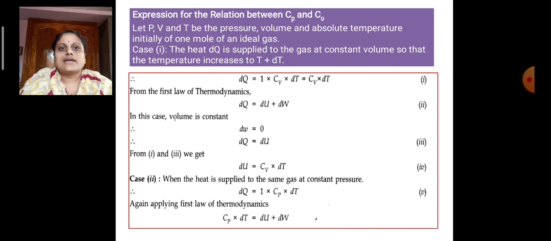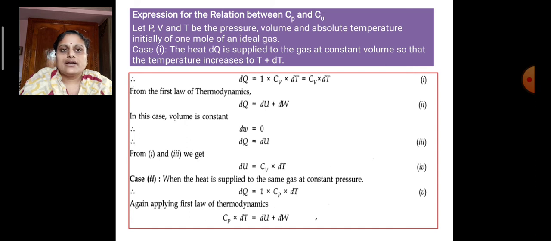Now let us derive an expression, that is a relationship between Cp and Cv, that is molar specific heat at constant pressure and molar specific heat at constant volume. Let P, V and T be the pressure, volume and temperature of 1 mole of an ideal gas.